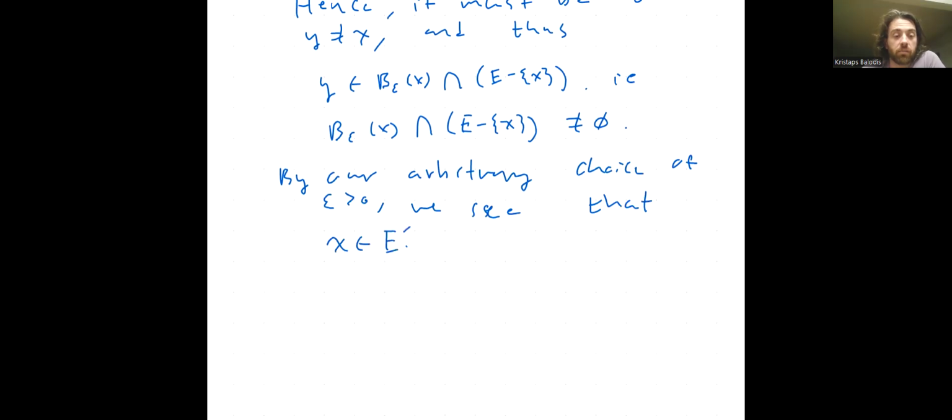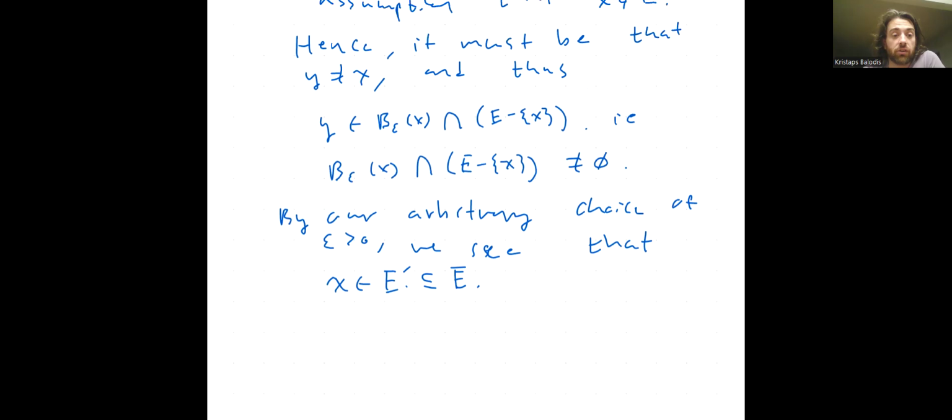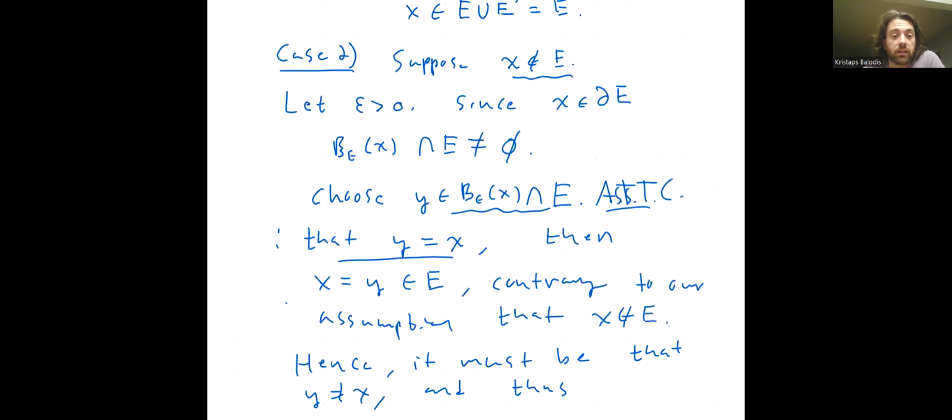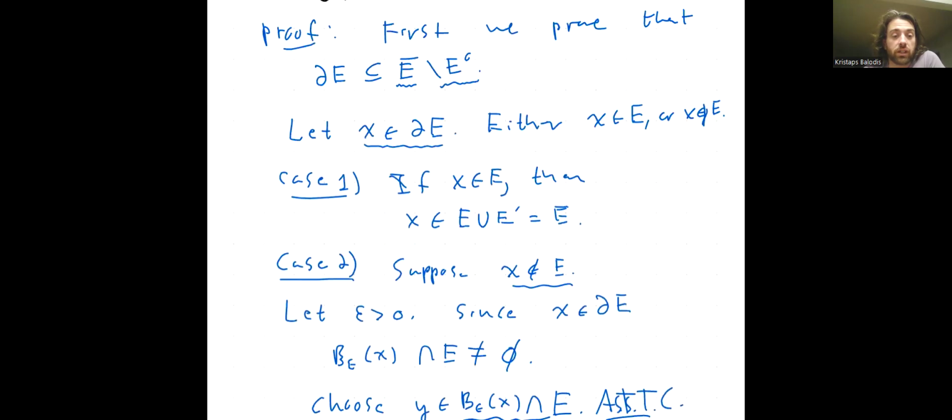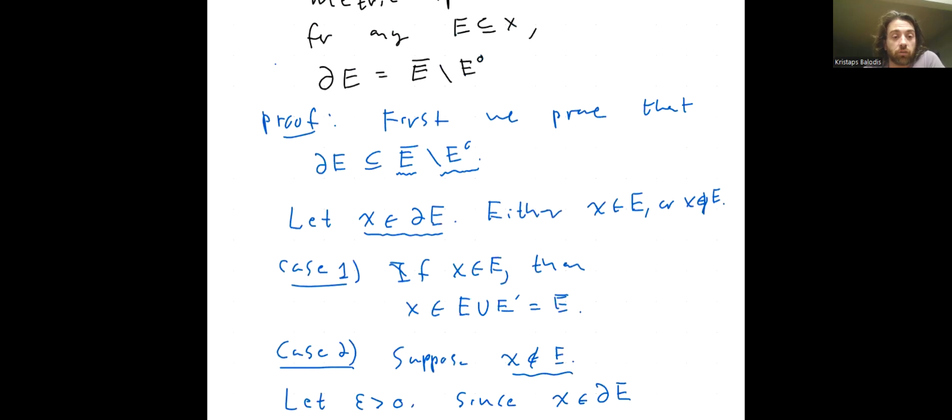It's in E prime, which of course is a subset of the closure of E. Okay. So what we just did is we wrapped up: we had two cases, x was in E or x was not in E, and we showed that in either case, it had to be that x was in the closure of E, right? And that's one part of what we want.